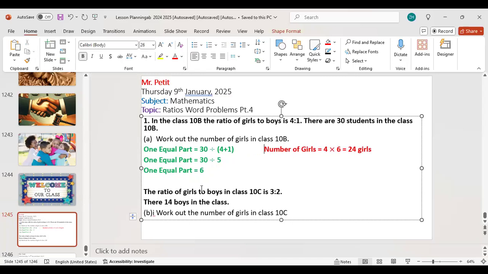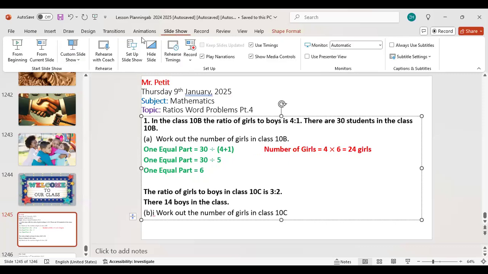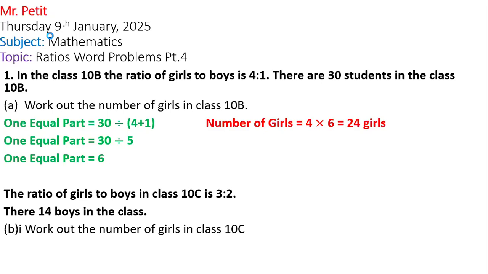All right. Do we understand that? Let me know if y'all understand that. Yes, sir. Ariana, can you explain how we got 24 girls, please?